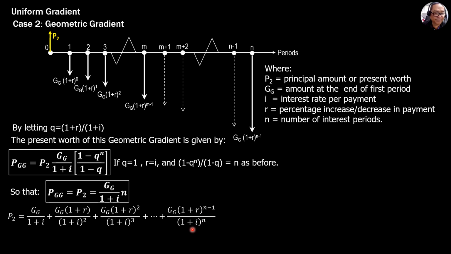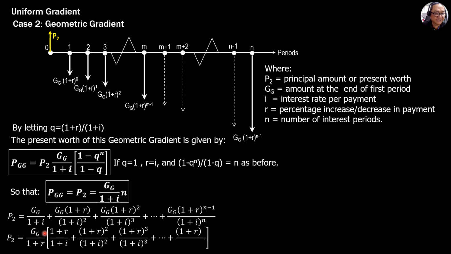Next, we factor out G sub G and multiply and divide by 1 plus R over 1 plus R, so it's still 1. So it becomes G sub G over 1 plus R. Then the factor in the numerator, 1 plus R over 1 plus R, is just 1.